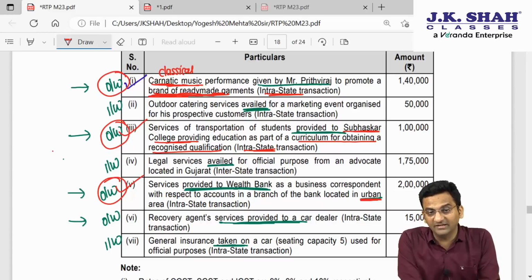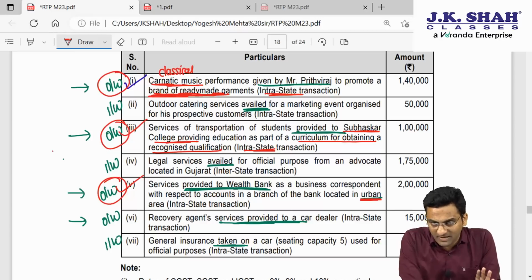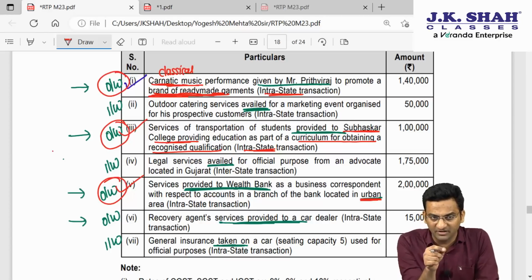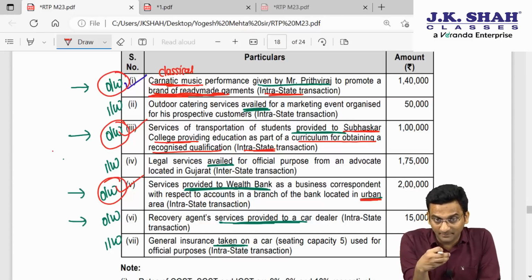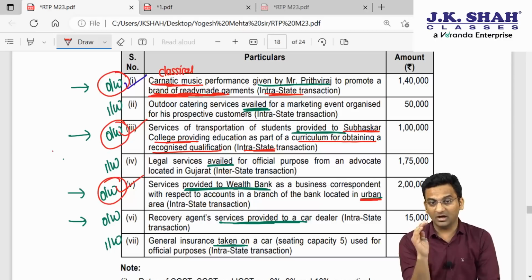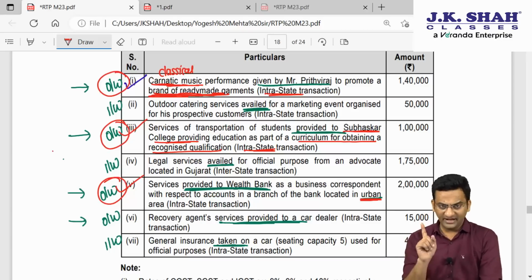But in the given case, the branch of the bank is located in the urban area, so it will not be exempted. There are few exemptions, friends. If the services are given to the bank as a business correspondent, and if the bank is located in the rural area, then it is exempted. But in the given question, it relates to the urban branch, so it will be taxable.